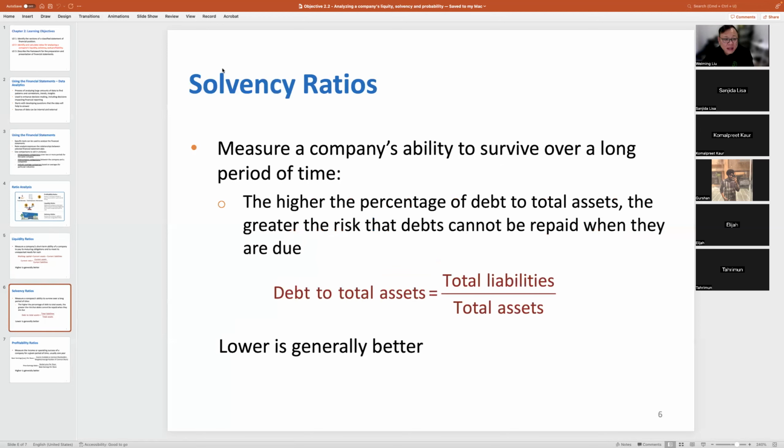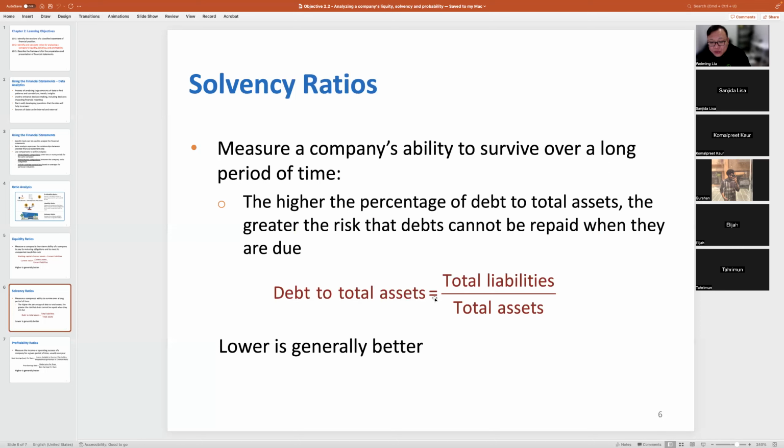Okay, and solvency ratios. Again, this measures a company's ability to survive over a long period of time. So this one ratio here is called debt to total assets.